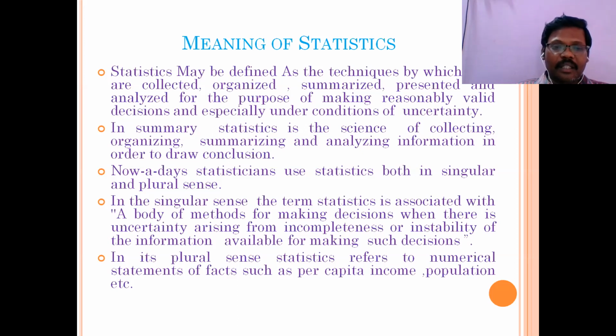So when statistics is explained in the singular sense, it is associated with a body of methods of making decisions. It is connected with decision making, when there is uncertainty of the economy or of particular individuals.